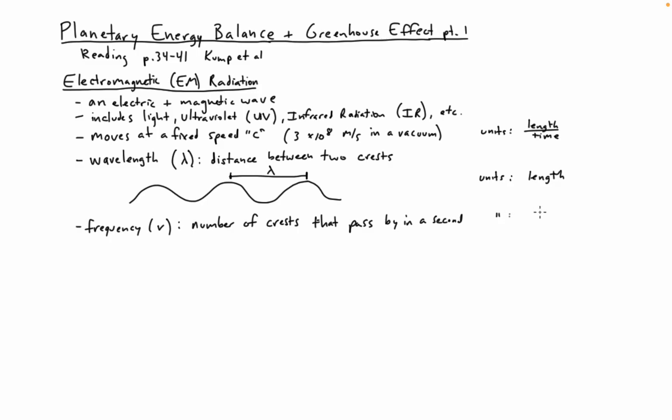So this has units. So it's a number of something per second. So it's going to have units of inverse time. So if we're standing here and this wave comes by, we could count the number of times the crest happened per second.